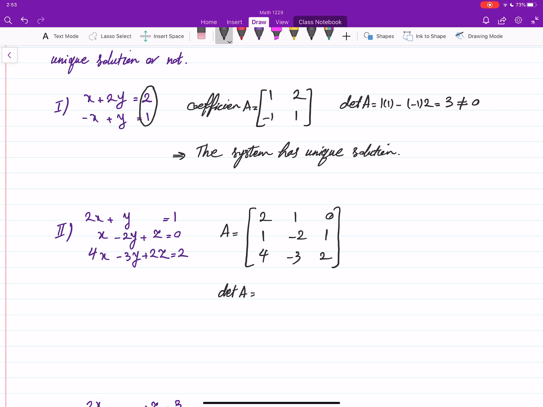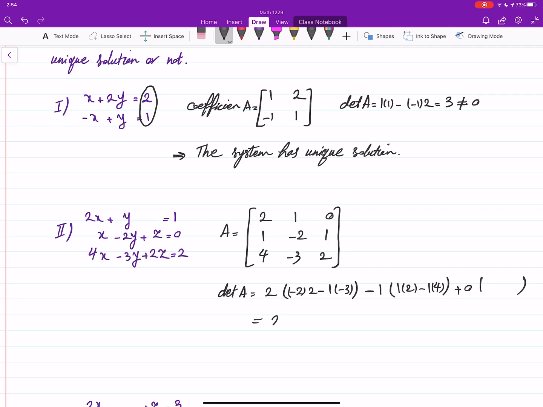Expanding along the first row, this will give us 2 times the determinant of that submatrix, which is negative 2 times 2 minus 1 times negative 3, minus 1 times the determinant 1 times 2 minus 1 times 4, plus 0 times another determinant, but it will be 0 at the end. Here, this is negative 4 plus 3. This will give us negative 1.